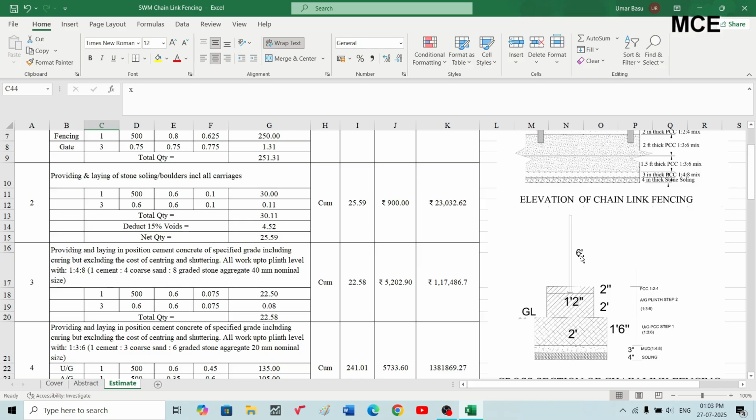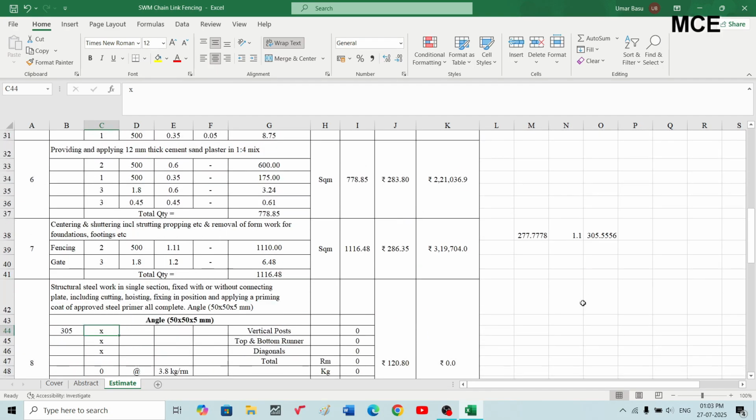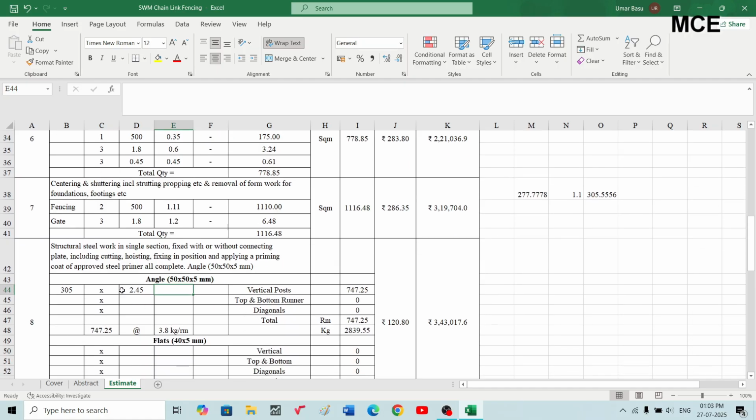So total will be 6 feet plus 2 inch plus 2 feet, so total will be 8 feet 2 inches, which in meter is equal to 2.45 meter, the length of this vertical post. So total quantity is 305 into 2.45, which is 747.25 running meter. 2.45 is the length, and 305 is the number of vertical posts. This was for the vertical post.